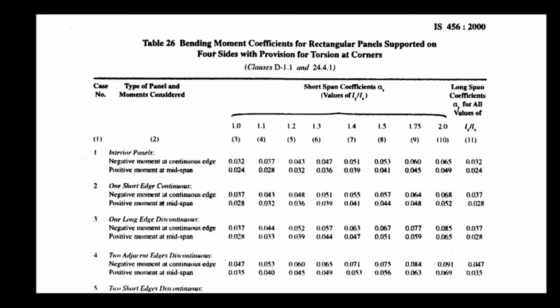In the table, in the most left column, the case number is given. Then the second one from the left is type of panel and moment considered. So in this column the support conditions are given. As per support condition, the coefficient of moment will change.